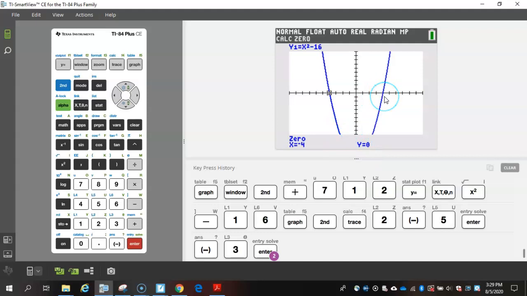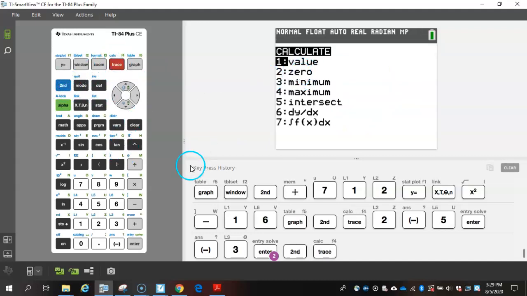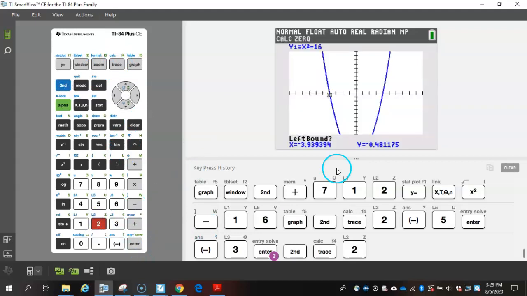Even though I see that it's crossing the x-axis at 4, I just want to double check. I almost said double short. Double check to make sure that this is at 4. So go back to second trace, go back to zero, and I want a left bound of this zero now.